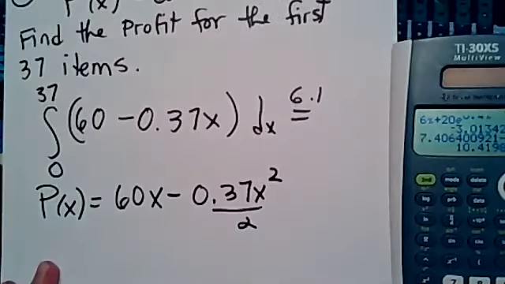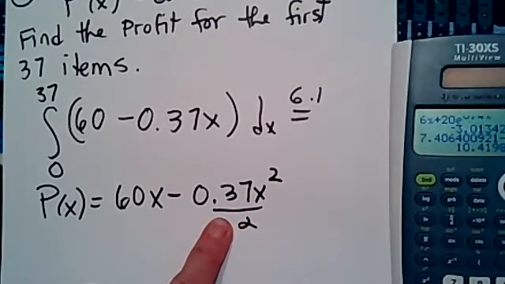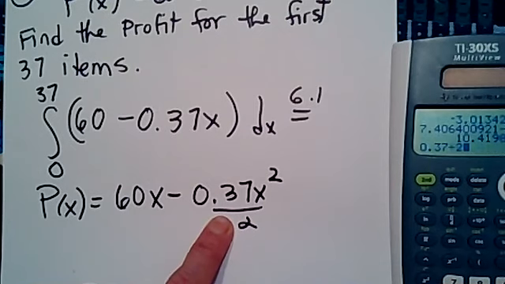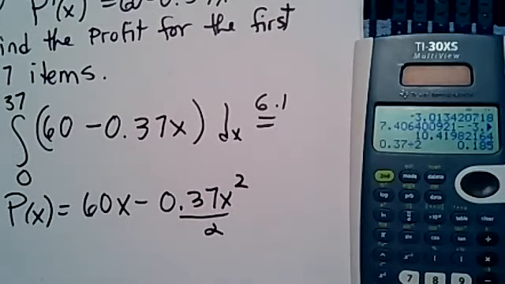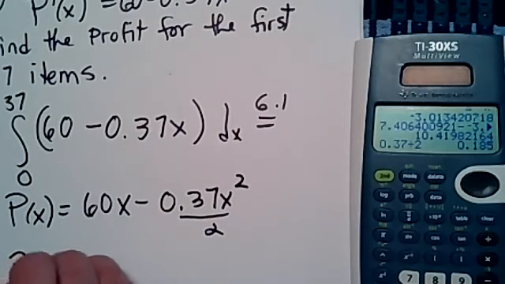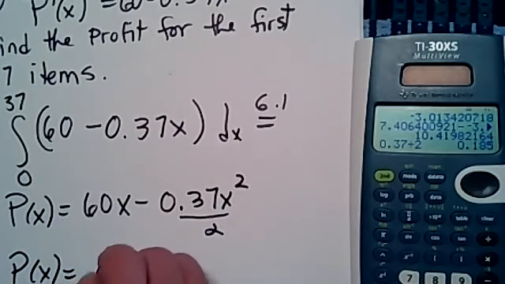Remember last time I had something like this. What is 0.37 divided by 2? It's 0.185. I'll probably use that instead of a fraction. It's just easier for me, but you don't have to. You can leave it as 0.37 divided by 2.